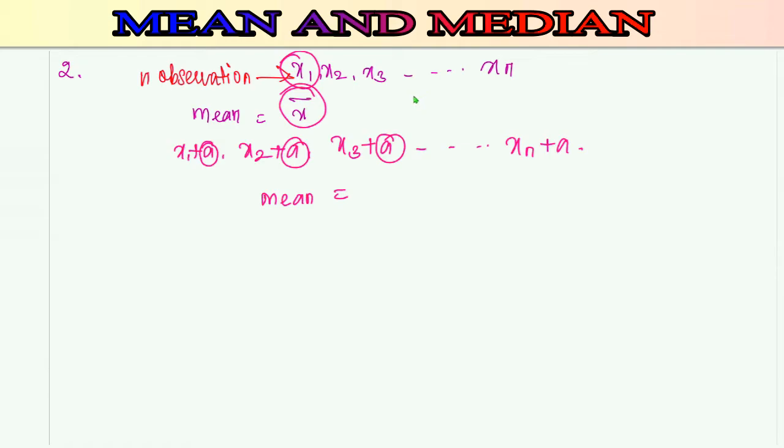Just find the mean for the ungrouped data, and once you find the mean, you can add the increased value. So this is the formula for increased data.